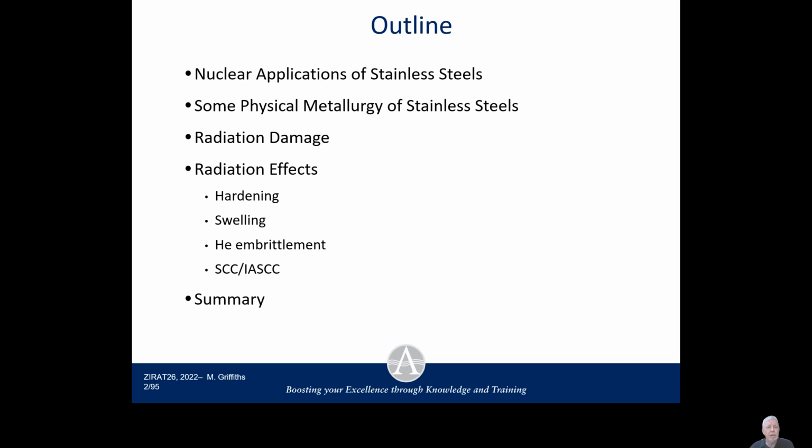And then I'll move on to actual radiation effects. I'll give a brief introduction by talking about what radiation damage is, and then talk about radiation effects, hardening, swelling, and the effects on mechanical properties.